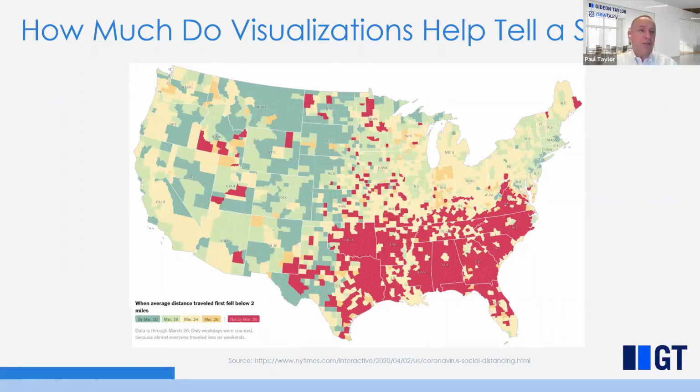But when you put it together in a visualization, you can see broad trends. You can see, oh wow, the South started traveling less later in the month.